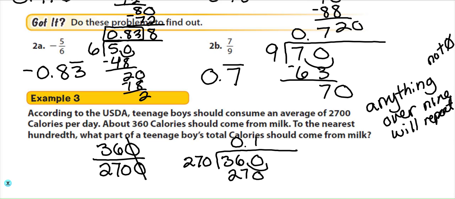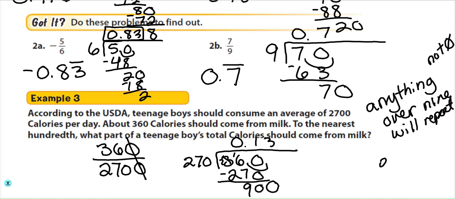Then from there we need to subtract. So we have 0, and then we borrow, so that's 9. So we get 90 left. Bring in a 0. It looks like that's going to go in about 3 times.